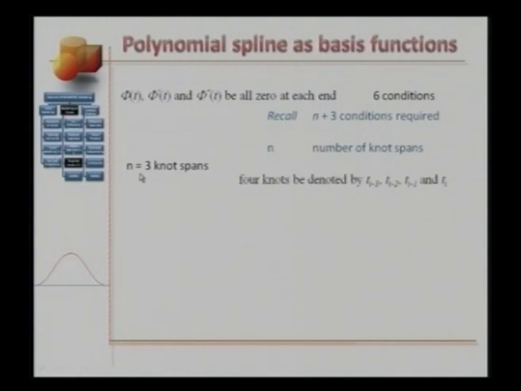Well, since we have 3 knot spans, we'll have 4 knots. Let these knots be denoted by ti minus 3, ti minus 2, ti minus 1, and ti. Again, arranged in ascending order. So ti would be a knot corresponding to this point here. Ti minus 3 would be a knot corresponding to this point here. And ti minus 2 and ti minus 1 would be intermediate knots.